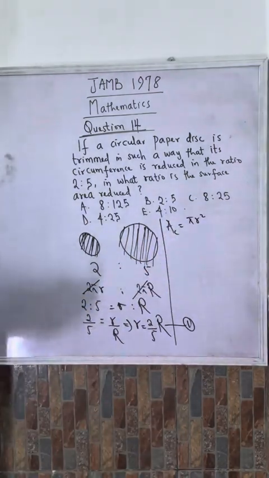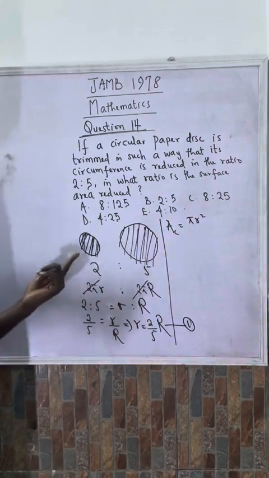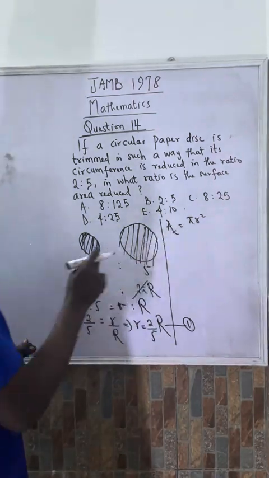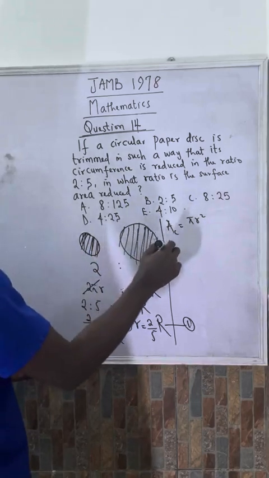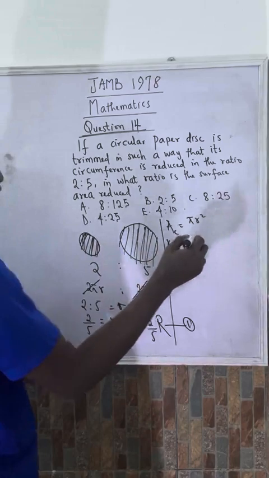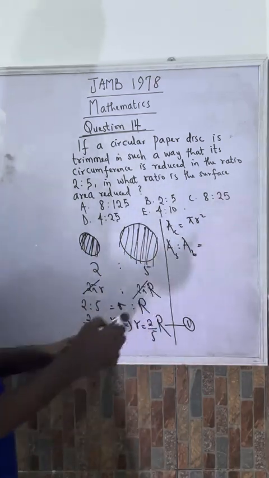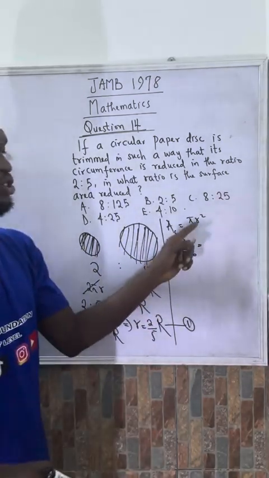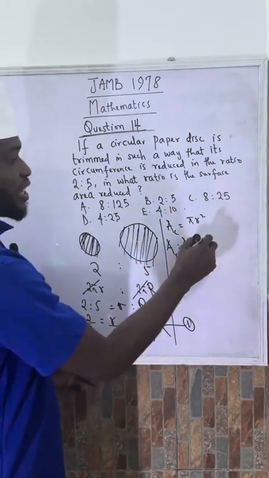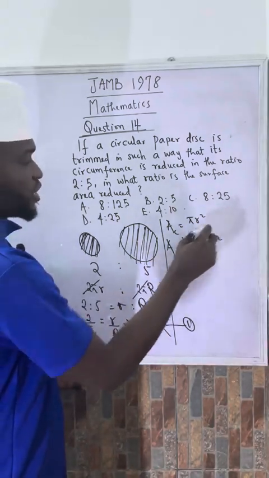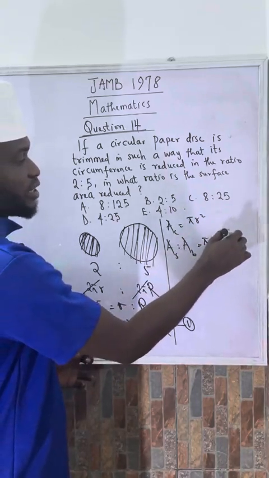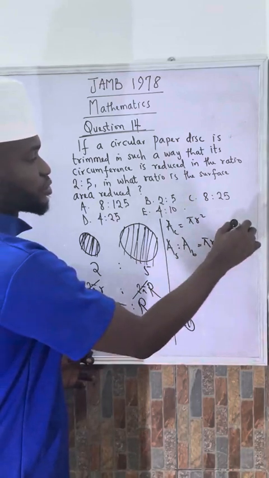But don't forget there are two circles involved: the smaller circle and the bigger circle. So I can say the area of the smaller circle to the area of the bigger circle will be πr squared to πR squared.